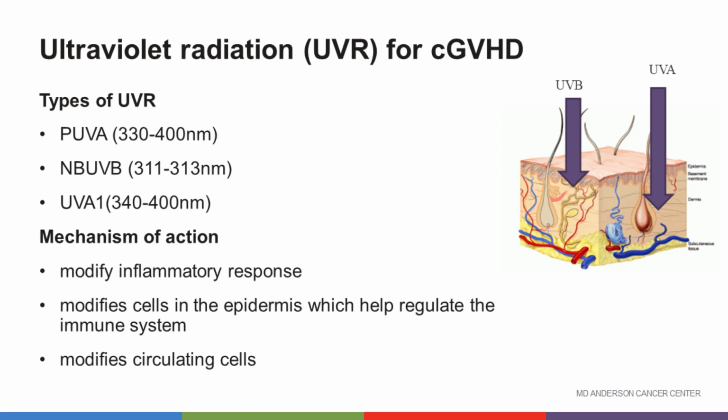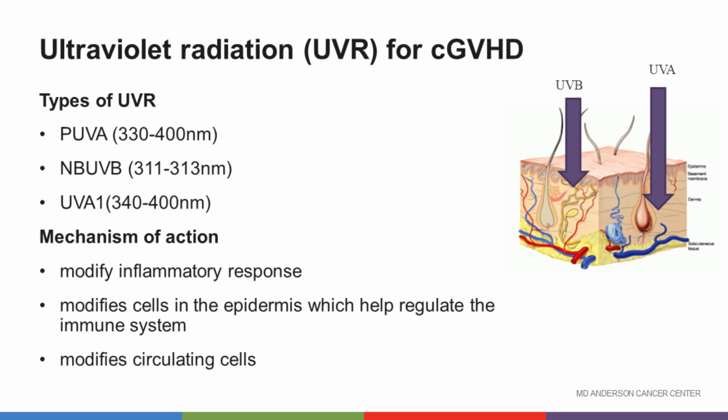You may hear the term PUVA. PUVA refers to ultraviolet A therapy combined with an oral drug called Psoralen. Psoralen has a silent P, so that's why it has P in front of the UVA, and we call it PUVA for short, and that's used for graft-versus-host disease. Most commonly, we use narrow-band UVB.